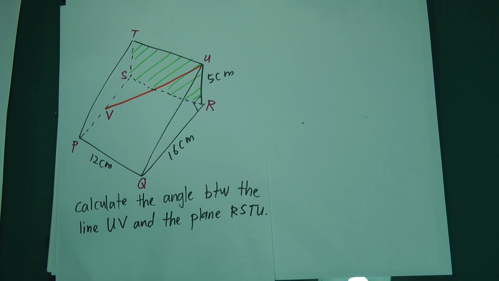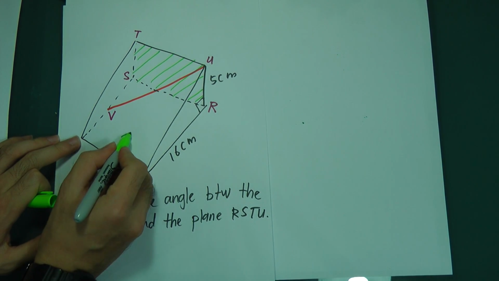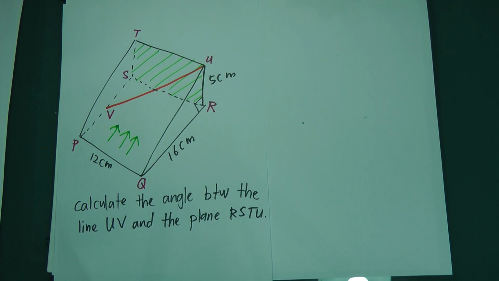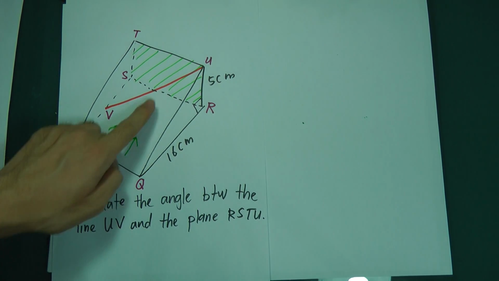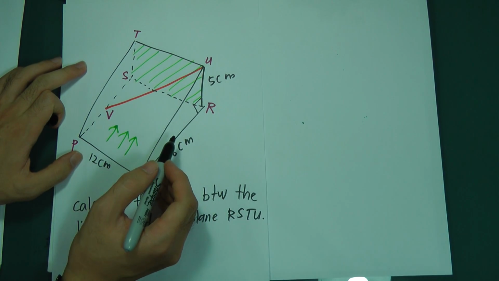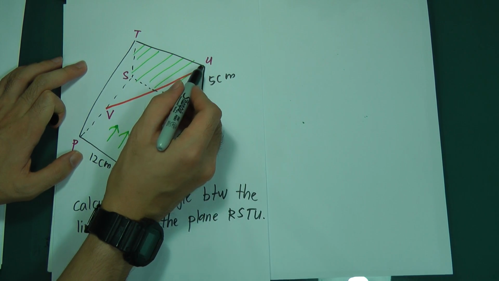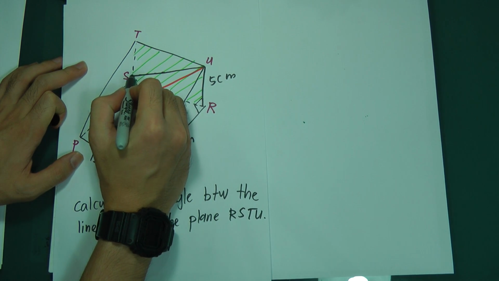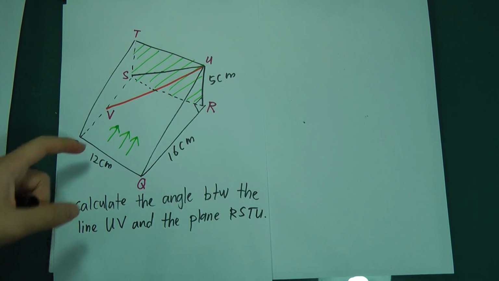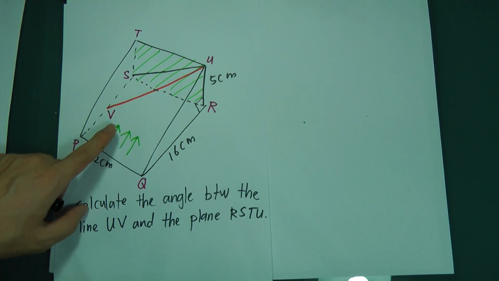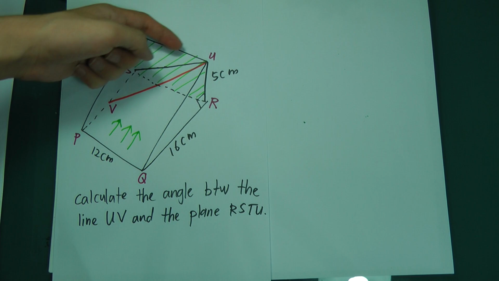So the light should come from this direction, and then you can see the shadow somewhere over here, on the bottom.